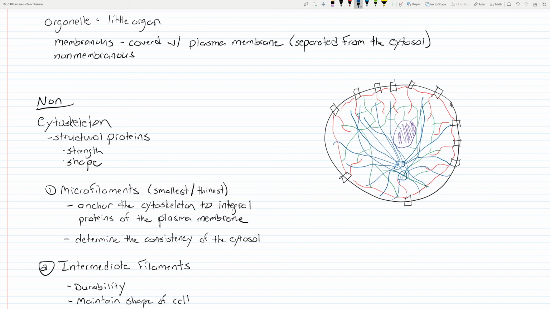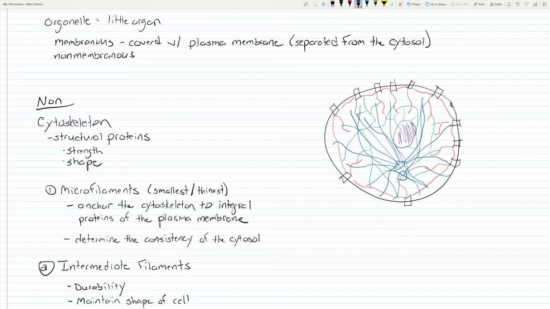It's what actually moves the organelles, and it's responsible for cell division. The microtubules are going to split the chromosomes apart in cell division. The other thing to remember about microfilaments is that they hold the plasma membrane to the cell itself. So I think that would be the most important thing to remember from that.